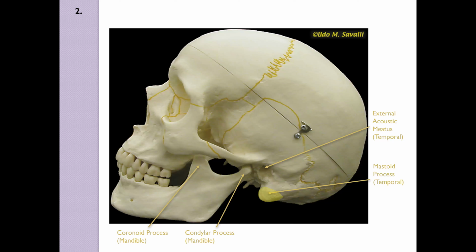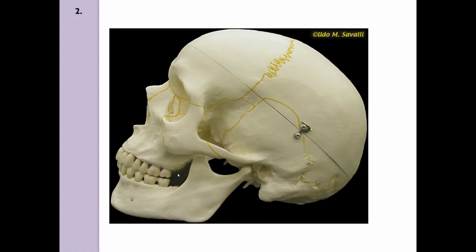This is called the mastoid process. And you can also see the styloid process that comes down from the bottom of the temporal bone. It looks a little bit like a fang. So those are some of the markings. I'm going to go to the next slide to look at additional markings.